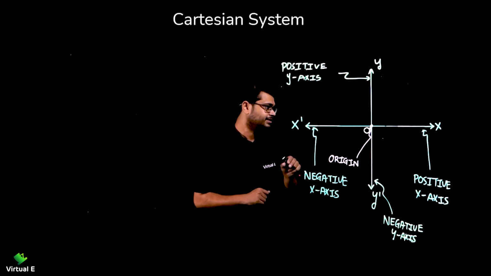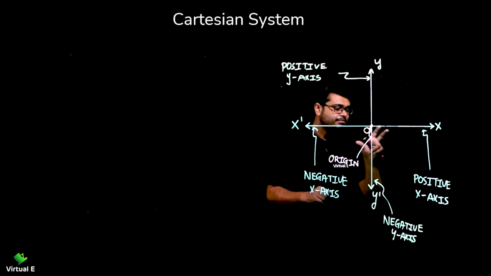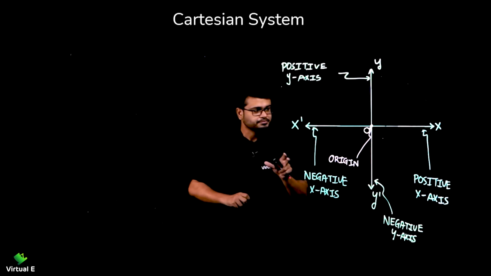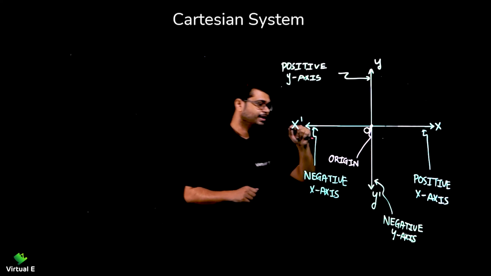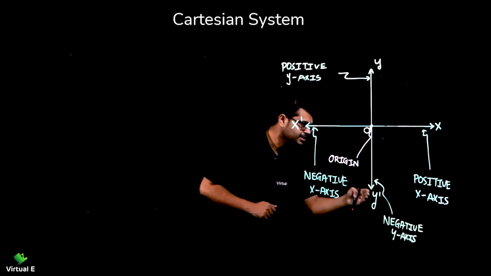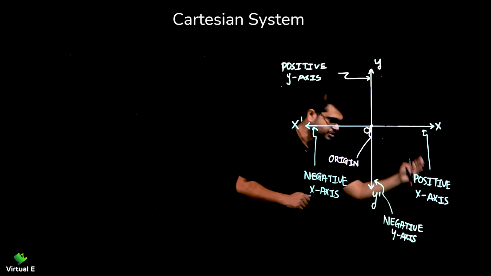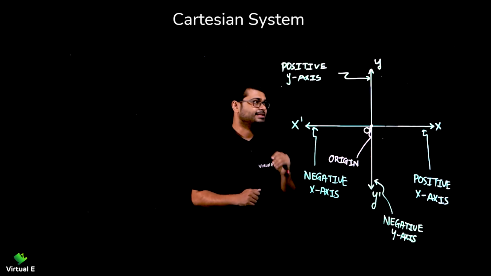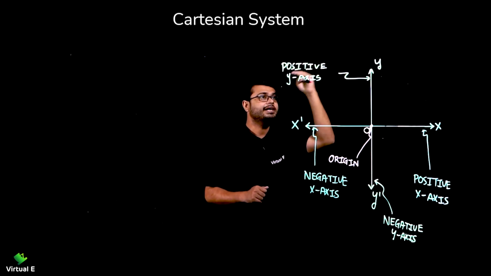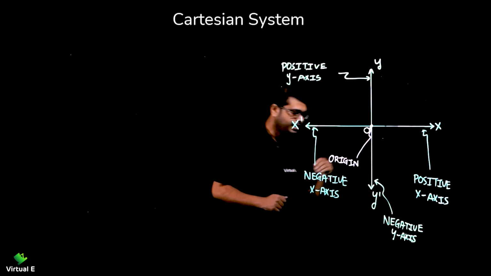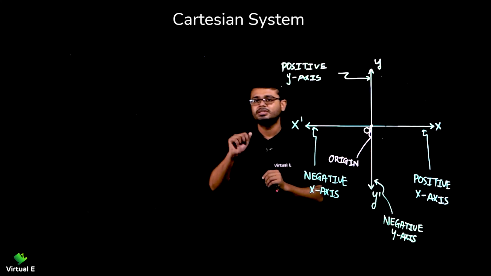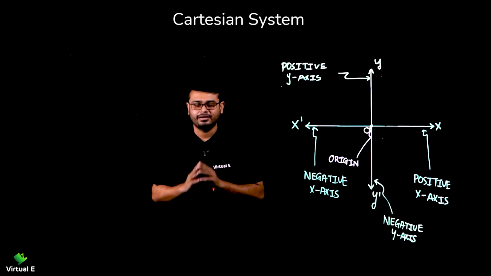I'll explain why it is. So this is the basic idea about the axes: you have the x-axis, you have the y-axis, then positive x-axis, negative x-axis, then positive y-axis, negative y-axis, then origin. This is the most fundamental idea we have.